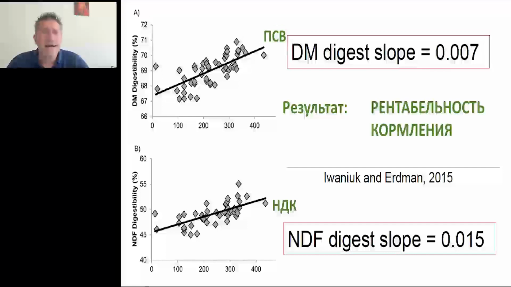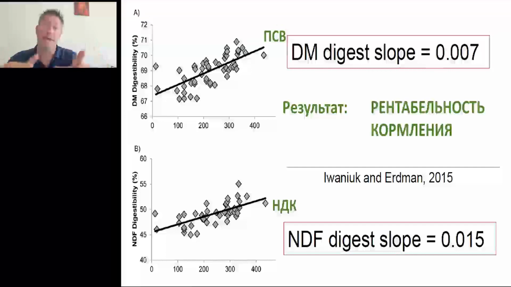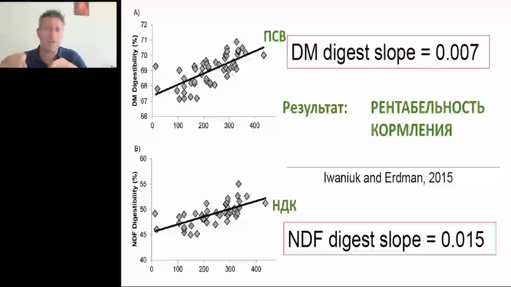When I have a higher DCAD, I do have an increase in dry matter digestibility. Dry matter digestibility depends on the quality of the raw materials we have in our diet, but is also affected by the minerals that we have in our ration, and depends also on which source of trace minerals we have used in our ration.